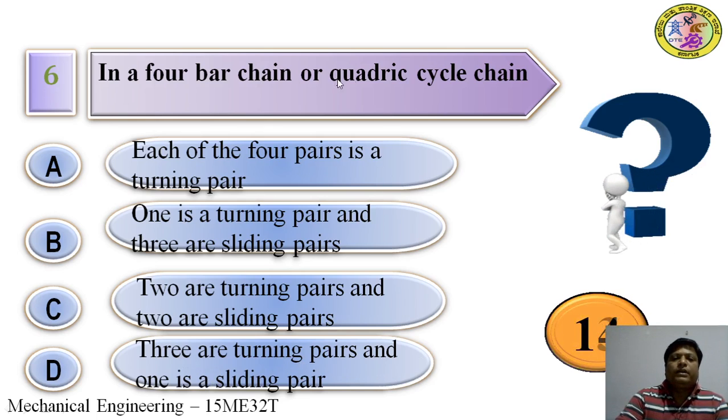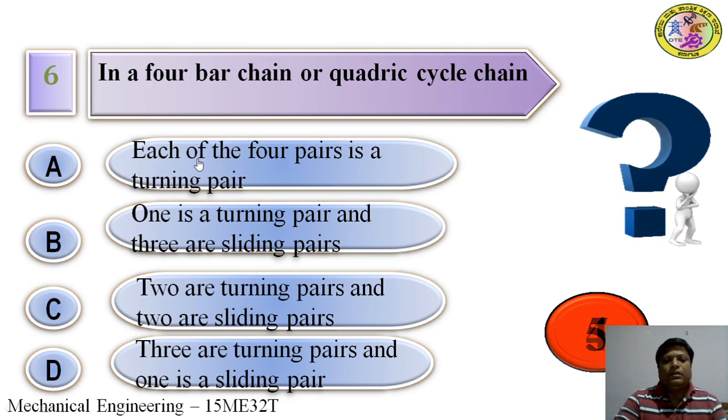Two turning and two sliding pairs is a double slider mechanism. Three turning pairs and one sliding pair is a single slider crank mechanism.